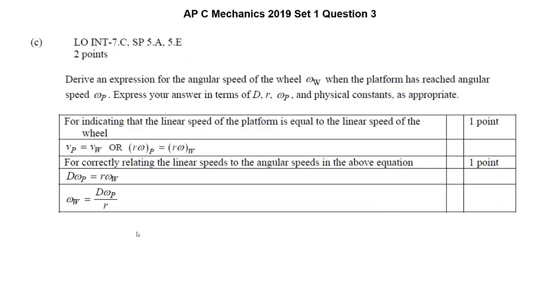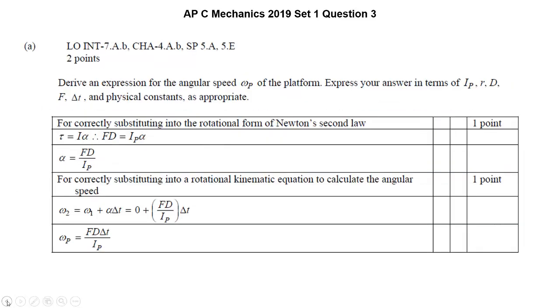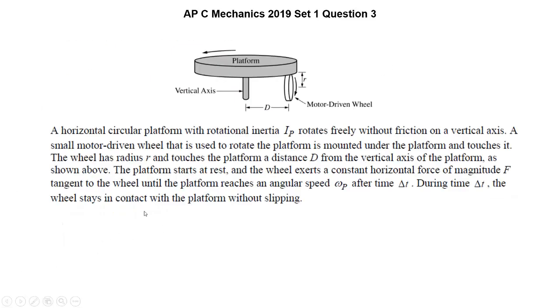So now we want the angular speed of the wheel at that point when the platform is moving at omega p. So this is where that last little sentence comes in the problem statement, which is that the wheel stays in contact with the platform without slipping. The only way that's going to happen is if the outside of the wheel is moving the same as the platform.